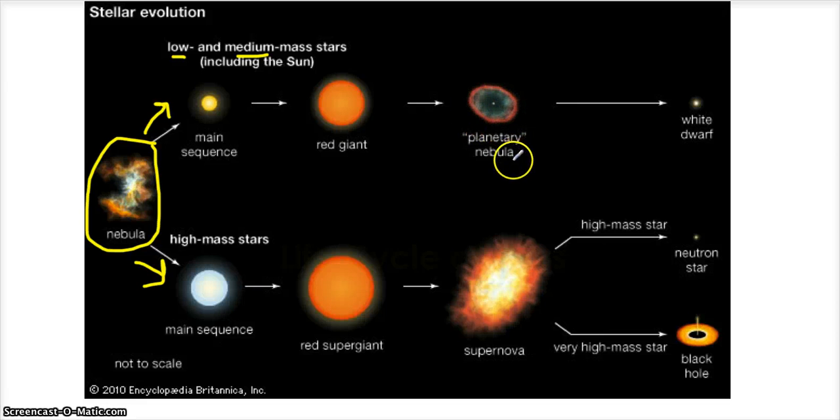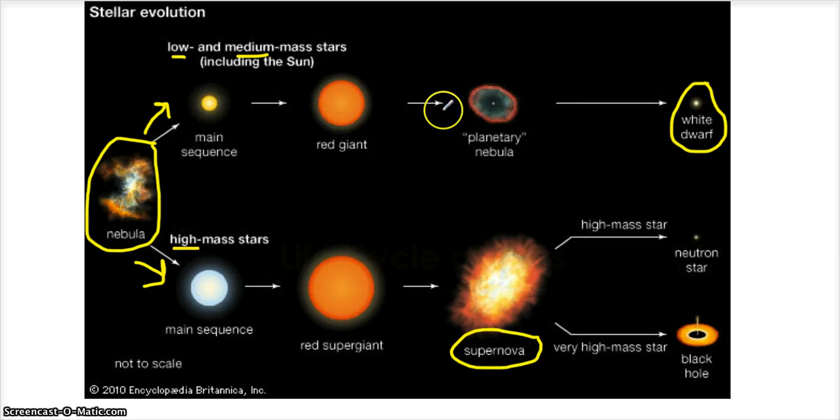So it's creating a new nebula, and then what's left over is a white dwarf, and eventually turning to a black dwarf. Then, if it's a high mass star, so the larger, it'll burn its main sequence, turn to a red supergiant, and die in a supernova. This is different than our star.